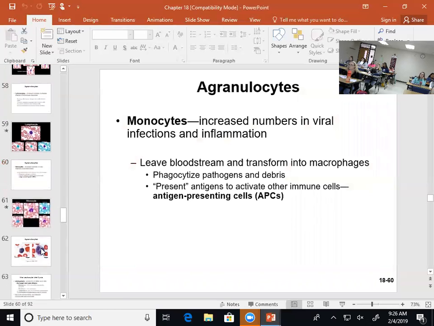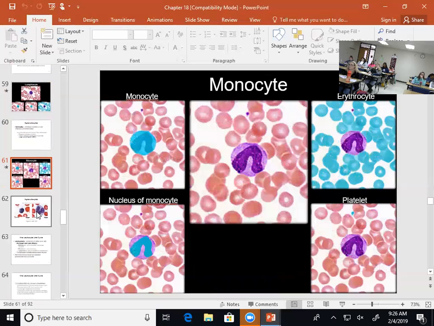So monocytes, I told you, become these big eaters. And monocytes, can y'all see the big difference between this nucleus and the PMNs? The PMNs, the neutrophils, look like, you know how you've seen those hot dogs that are on links? That's kind of what a PMN looks like. This doesn't look like that at all.